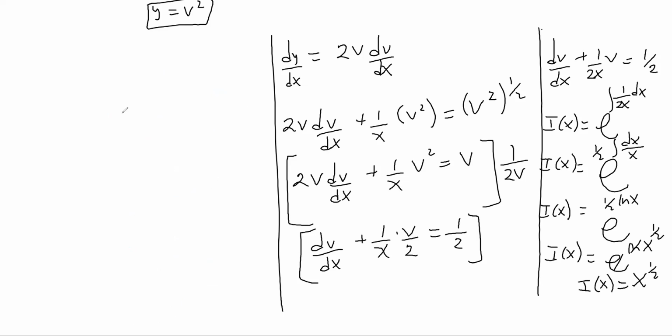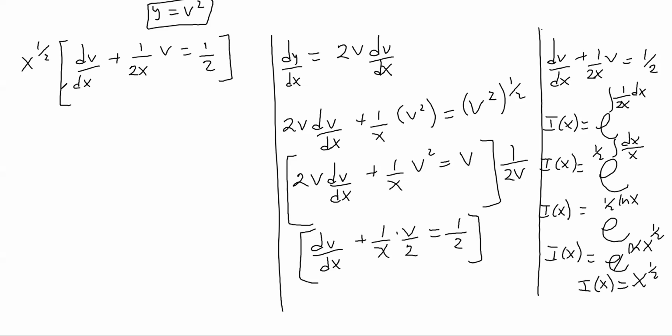Okay, so I'm going to multiply this equation by x raised to the half. So I will have x raised to the half times everything here: dv by dx plus 1 over 2x v will be equal to a half.